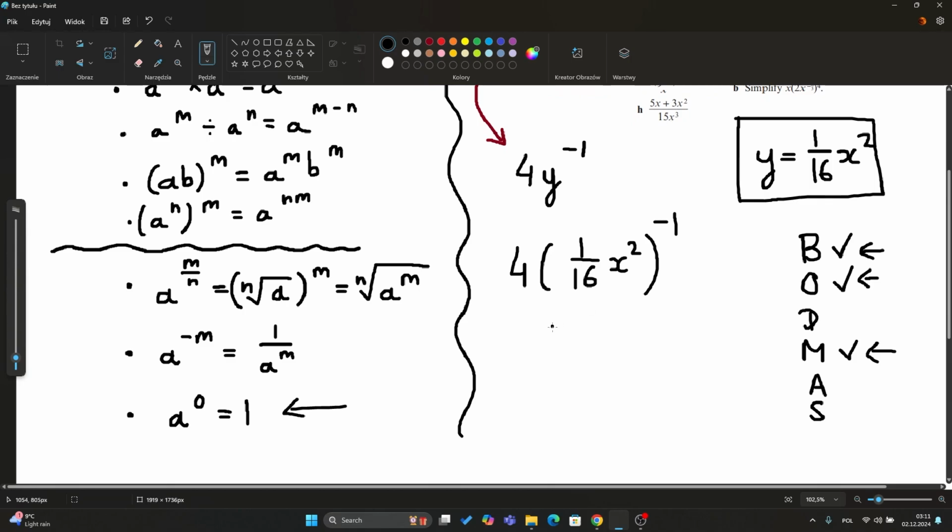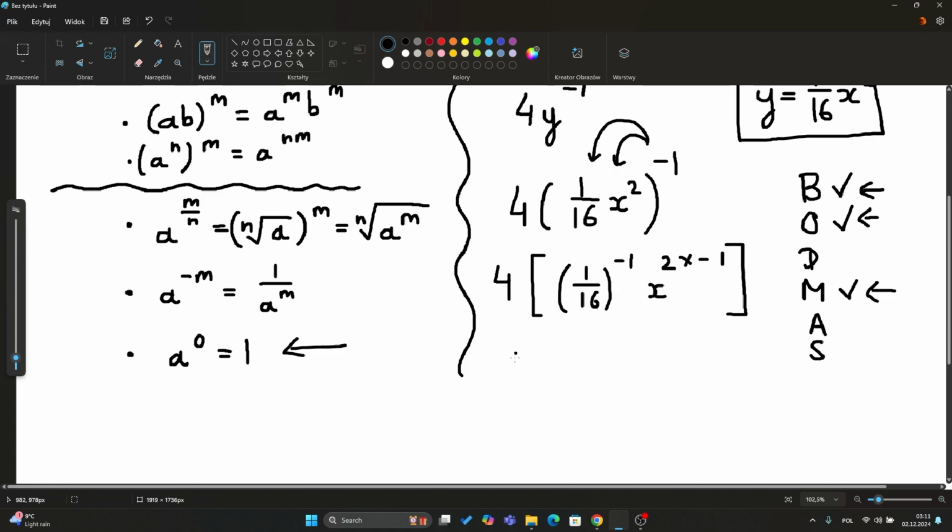So here we're going to apply the -1 power onto each of those. So that will be 1 over 16 all to the power of -1, and x to the power of 2 times -1. So that will be the following.